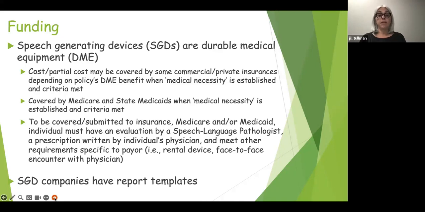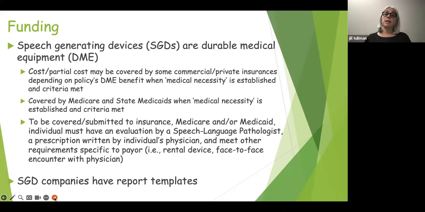Speech generating devices are covered by Medicare and by state Medicaids when medical necessity is established and when criteria are met. To be submitted to insurance, to Medicare and or to Medicaid, there's certain requirements.